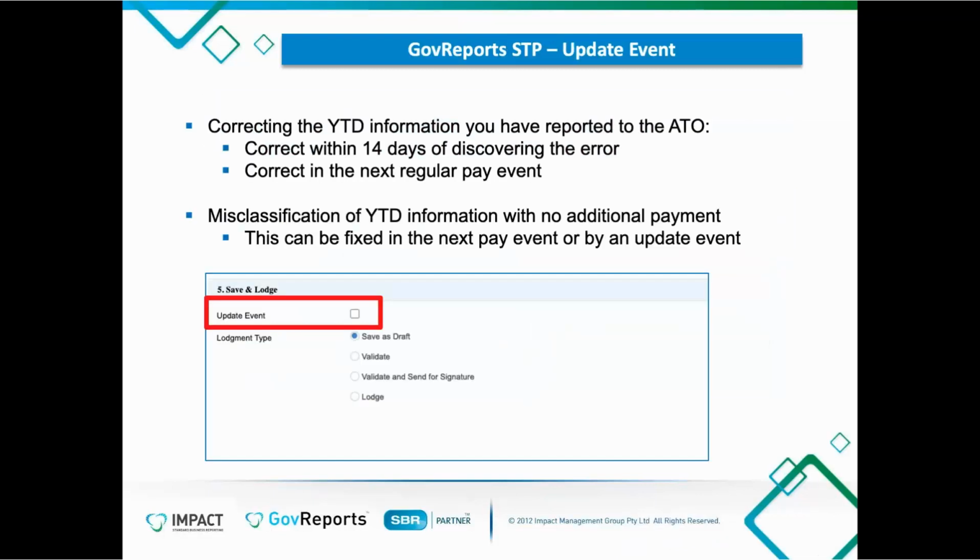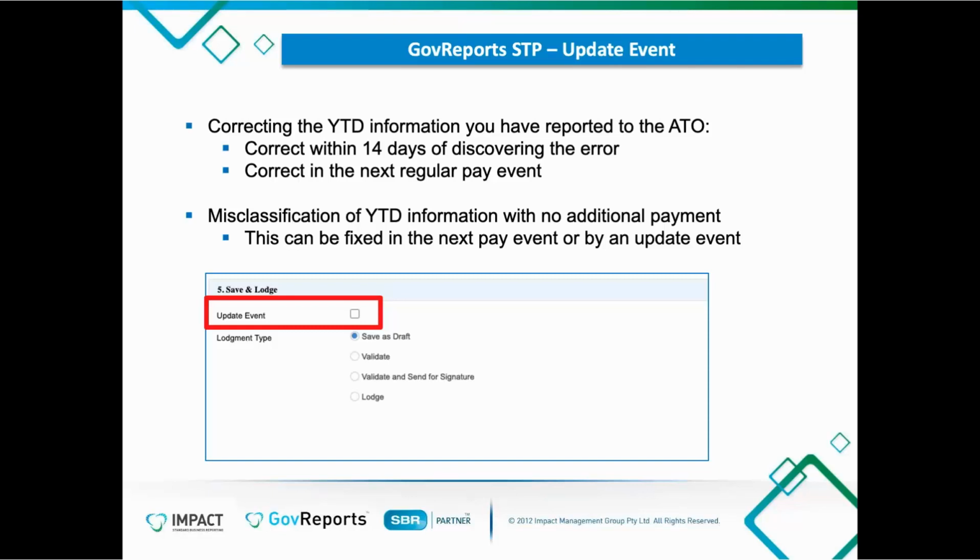I have mentioned the update event, and this is really about correcting information. If you discover that you made a mistake with the payroll and it has been reported to Single Touch Payroll, then you have 2 different choices. You can either correct it within 14 days of discovering the error.